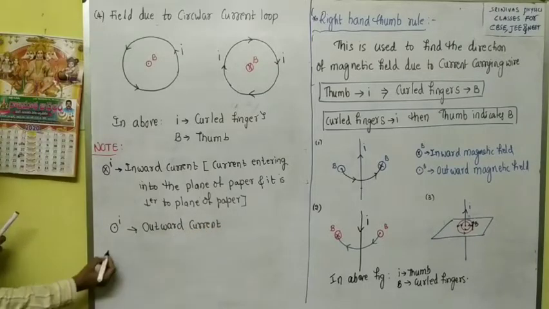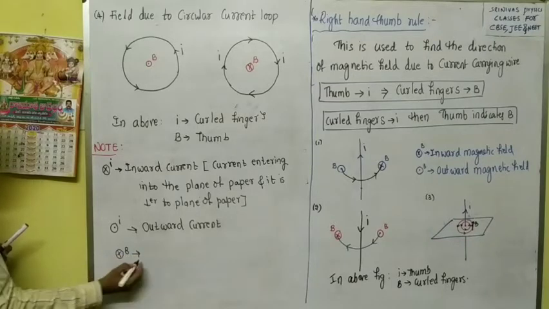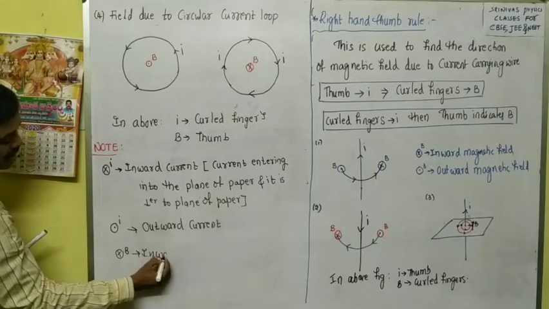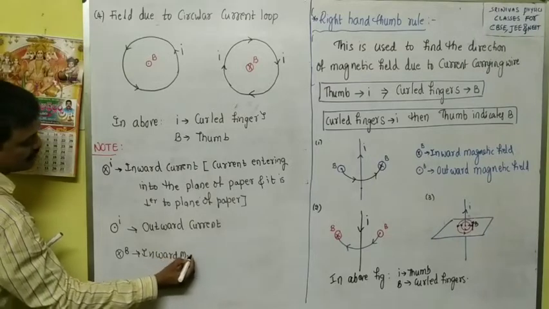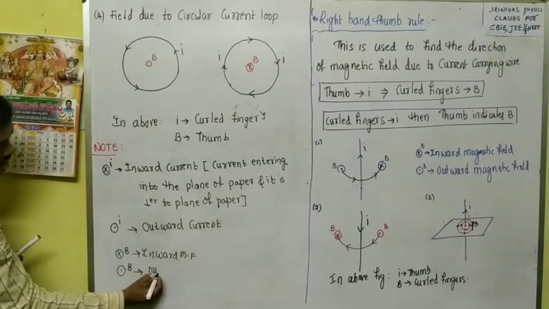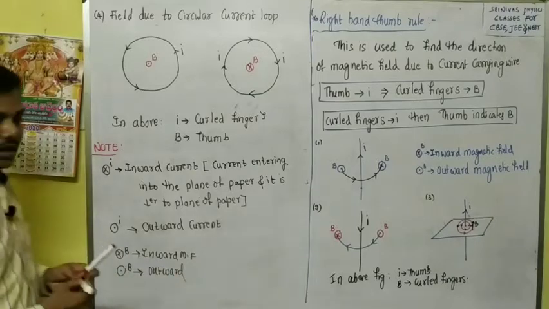If it is like this, what is this? Inward magnetic field. And like this, what is this? Outward magnetic field.